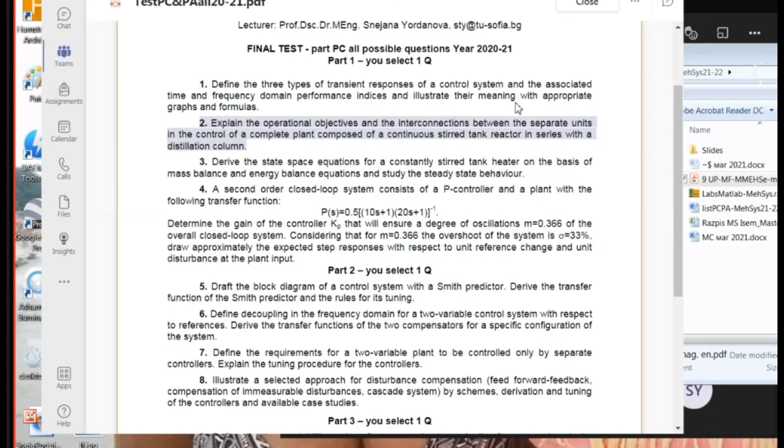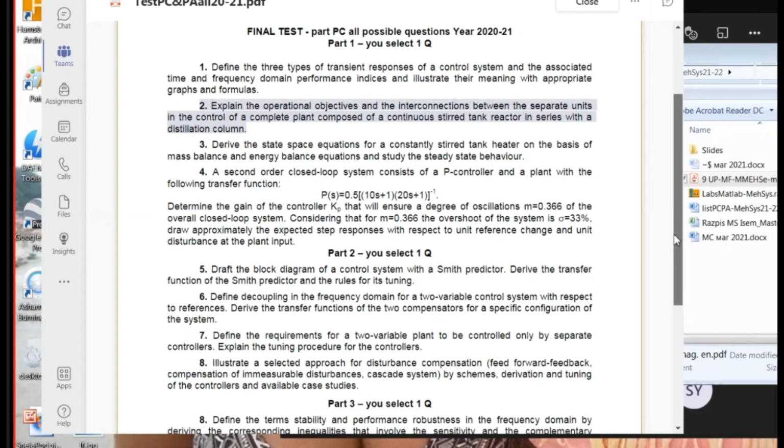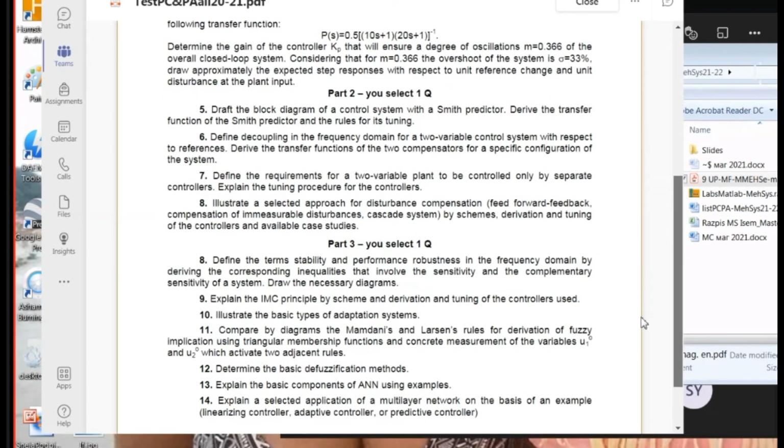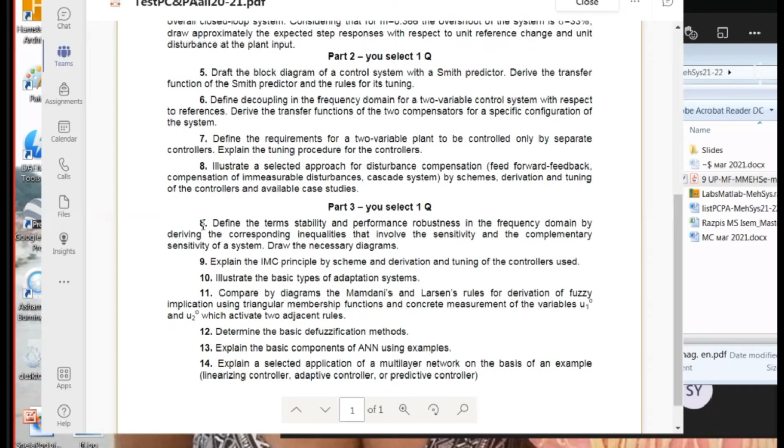The question I give you, of course, because there are 4 questions in part 1, part 2, part 3 has more. This is actually not 8, but 9. It's not 14, 15. So we have 1, 2, 3, 4, 5, 6, 7 questions.